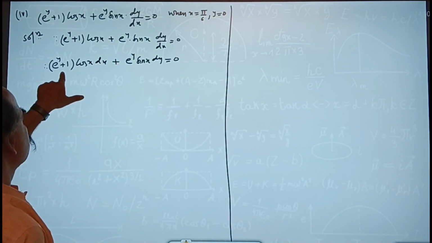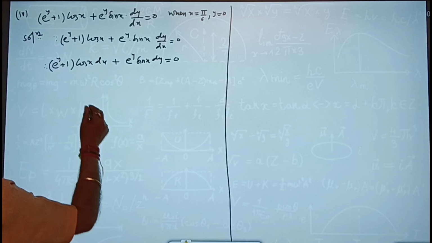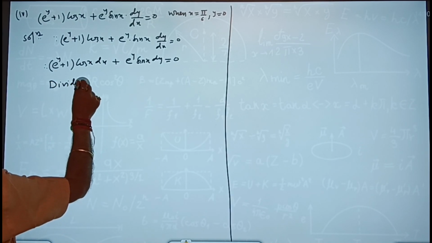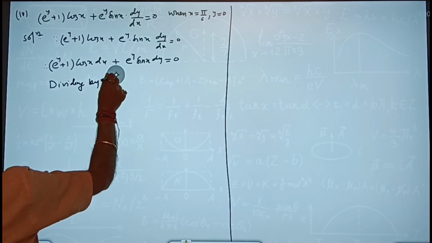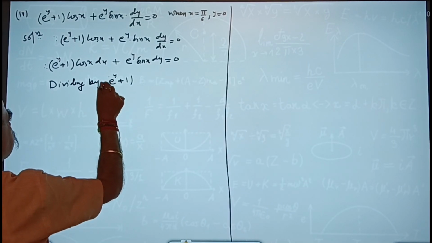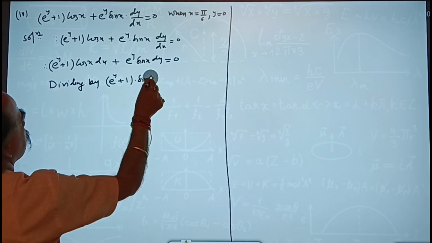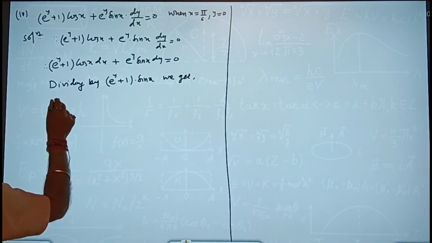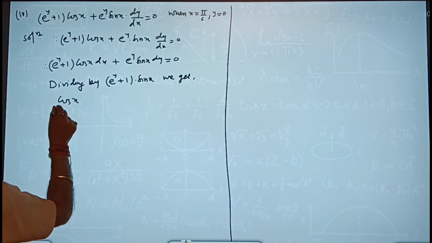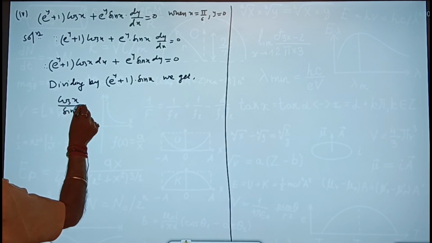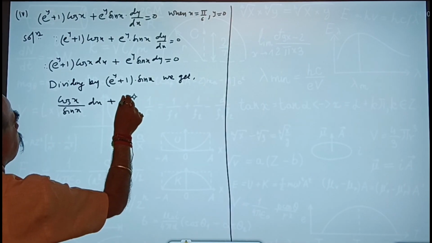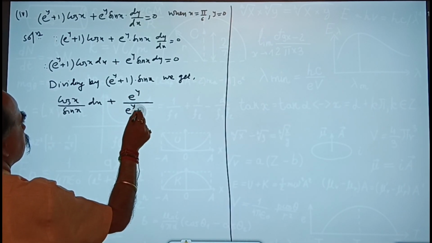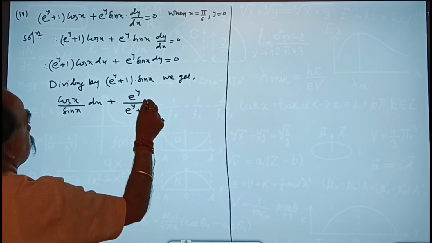From here we don't want e raised to y plus 1 and from here sin x. So dividing by e raised to y plus 1 into sin x, we get cos x upon sin x dx plus e raised to y upon e raised to y plus 1 dy.